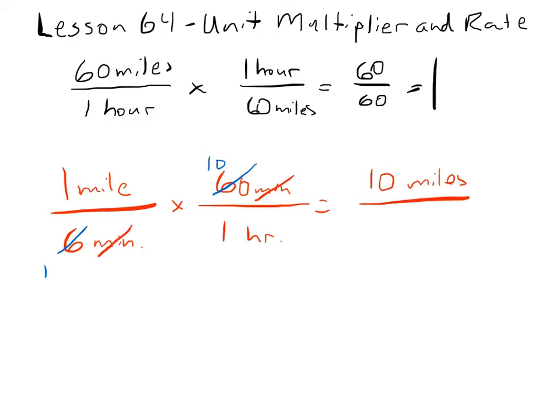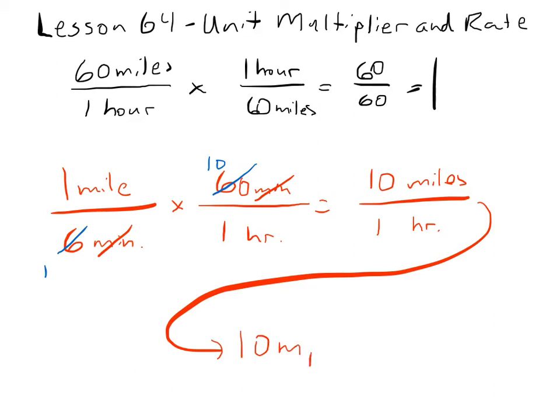And the denominator, 1 times 1, 1. And so she runs 10 miles per hour. And I can rewrite that down here, 10 miles per hour. That's how you would do example 1.